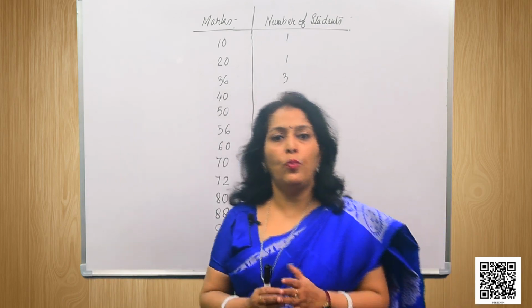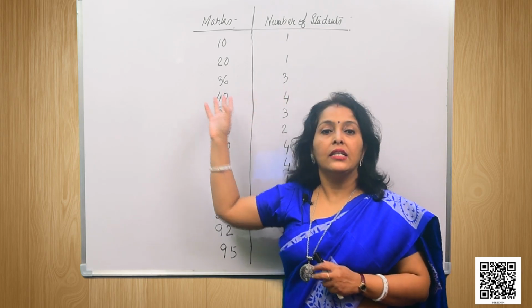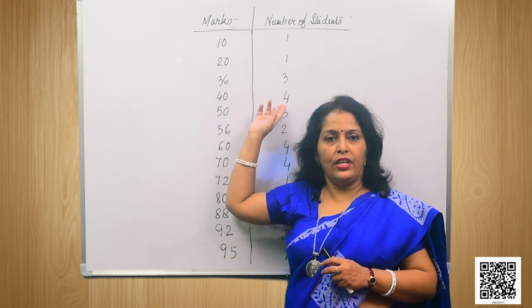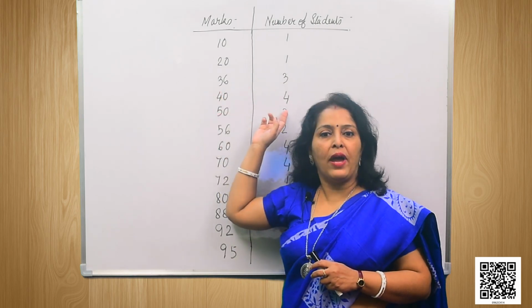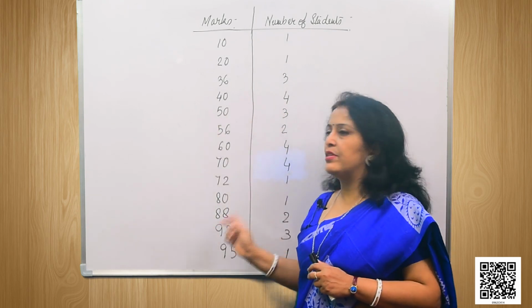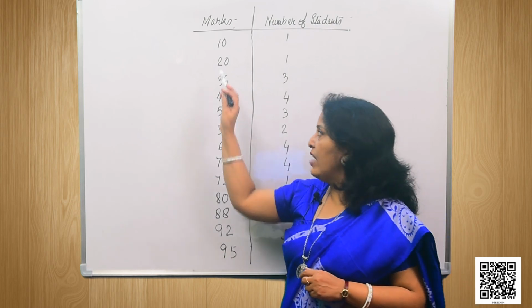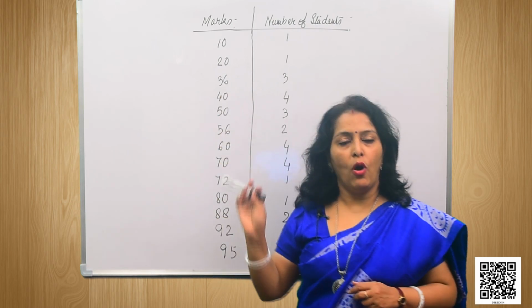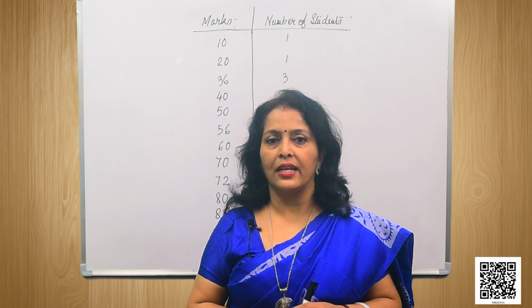That means it is a group of these children who got similar marks. 36 was achieved by 3, so this is a group. Now the number 40 was achieved by 4, so this is another group. This kind of table is called your group data, because I have made a group of all the marks which were achieved by all the students in the class.